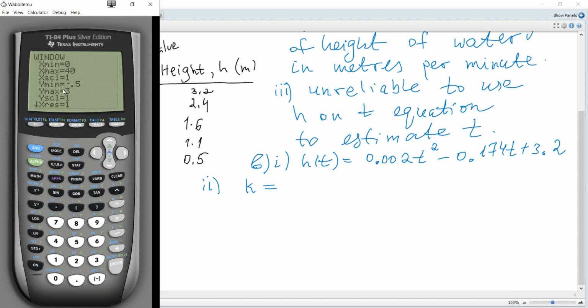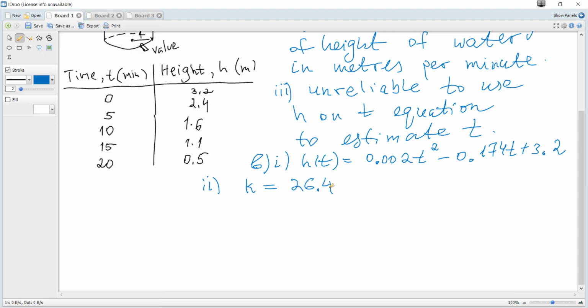Maximum height is 3.2, so y may be chosen from negative 0.54 to 3, for example, and we can see that this point is required, this root or x intercept, and then just calc, zero, left bound, right bound, and guess, and we get that it's 26.4 minutes to 3 significant figures.